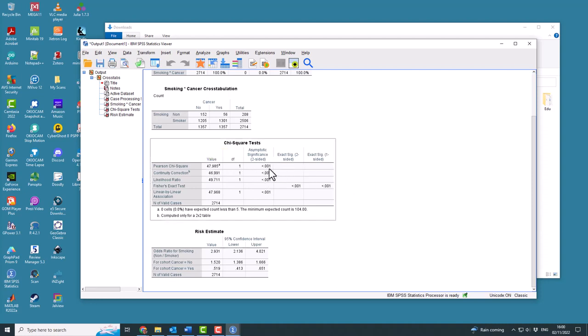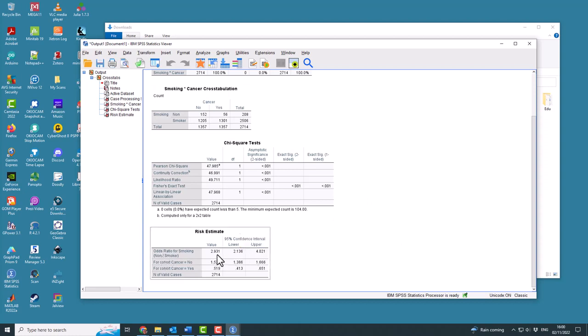You then calculate the p-value. The p-value is less than 0.001, so that means it's significant. So you cannot say that you're equally likely to get cancer if you're a non-smoker as a smoker. The next thing you can look at is the odds ratio.